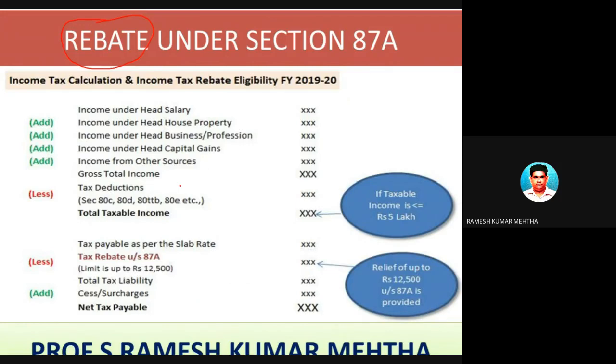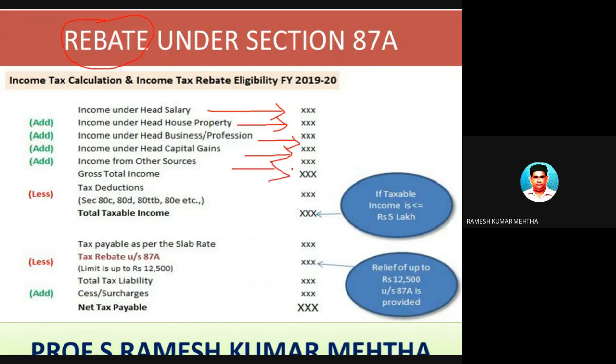We will now discuss that. So what is rebate under section 87A? First we have to find out income from salary, income from house property, income from business, income from capital gains, and income from other sources.